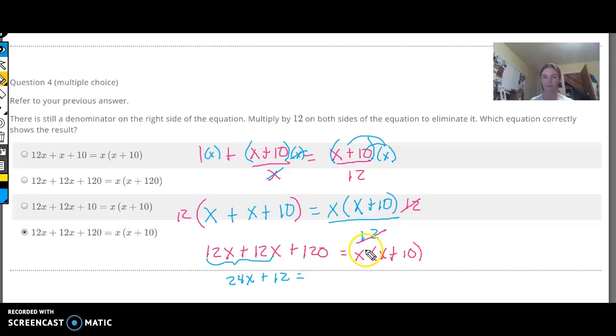I'm going to distribute. Okay, x times x is x squared, and x times 10 is 10x. Okay, because I really like to keep my a term positive, I'm going to bring my terms on the left over to the right.